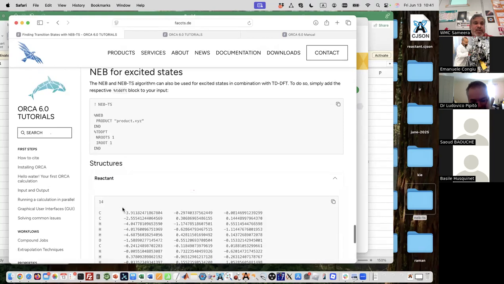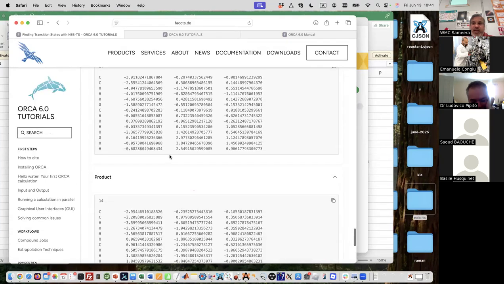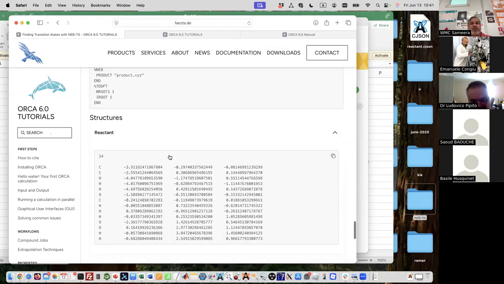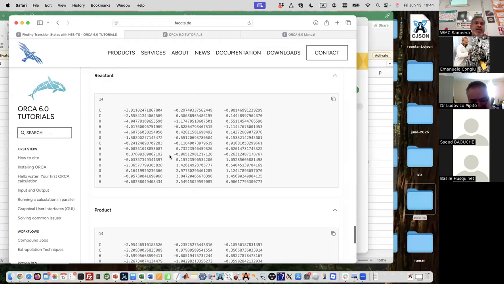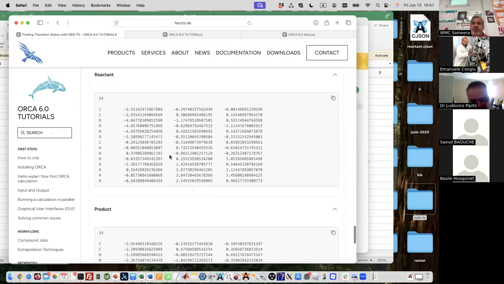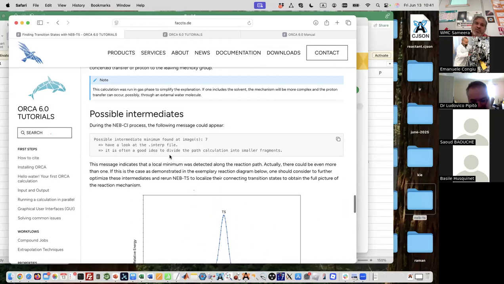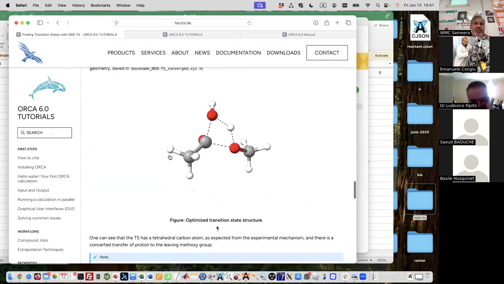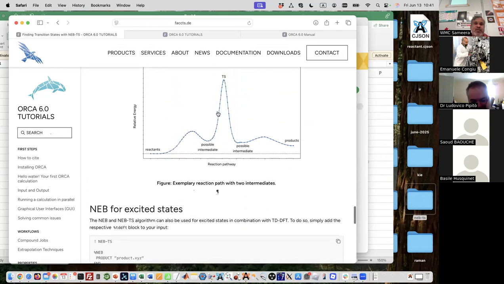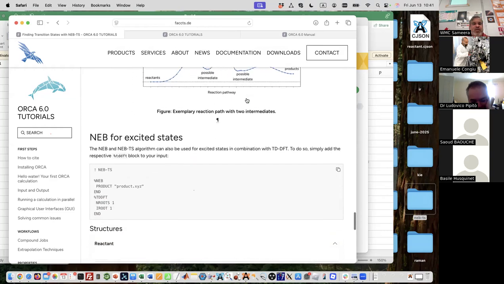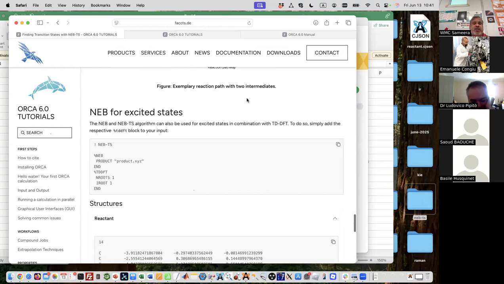But if you're working on a different reaction, you can create a realistic reactant and realistic product structure. You don't need to be perfect, but somewhat realistic structures for the reactant side and the product side, and then you can proceed with the computation.